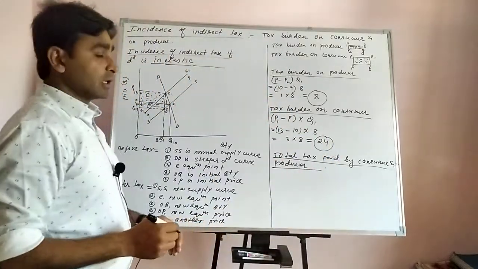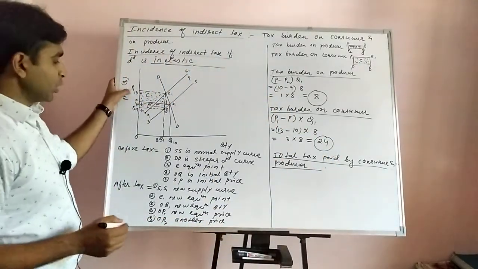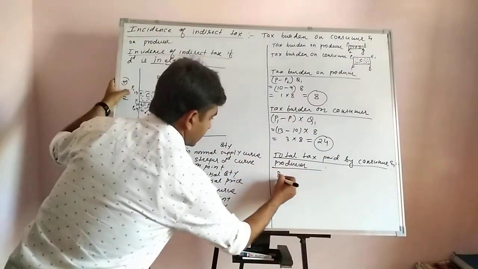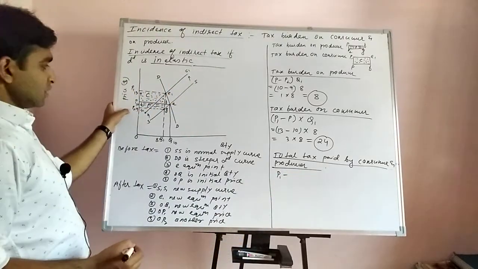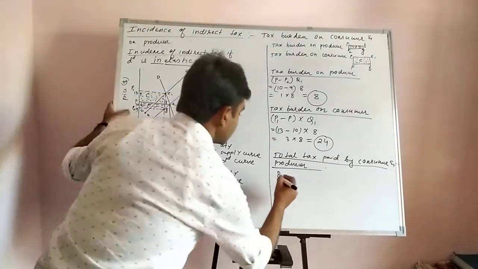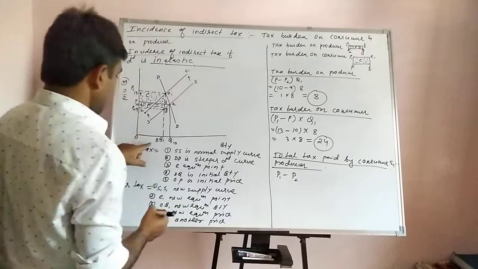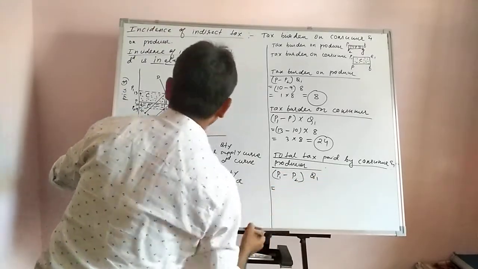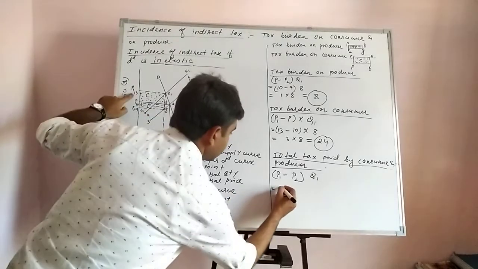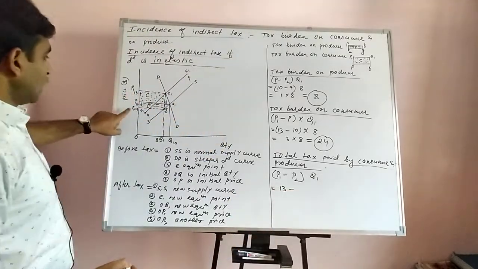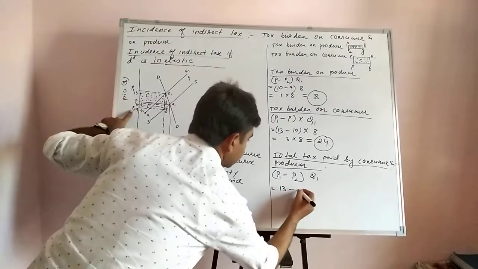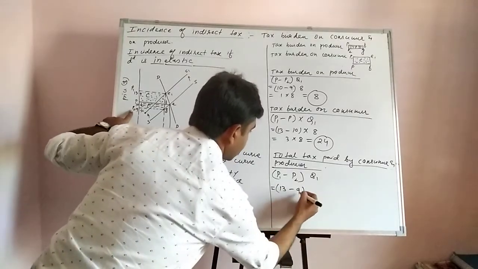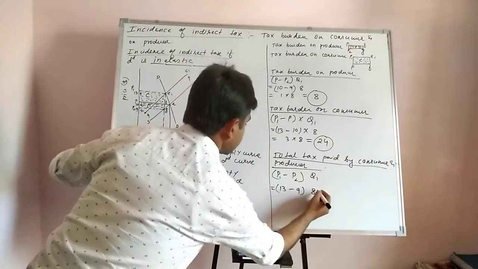So what is the consumer area on the top? P1 minus P2 into Q1. How much is P1 value? 13 minus how much P2 value? 9, into Q1 we have 8.